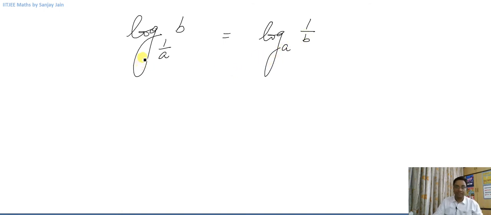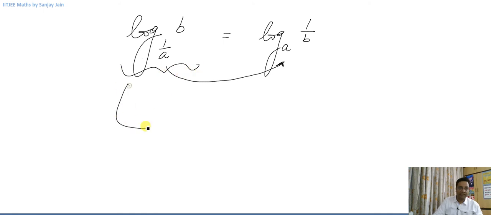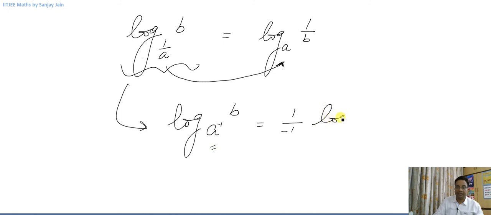Okay, this is a simple conversion which can be explained by this rule that we have just studied, because this expression is nothing but log b to the base a raised to power negative 1, right? And power of base can be taken outside, so it will go in the denominator, but for this example it doesn't make a difference. Anyhow, I have written it in the denominator for the clarity.